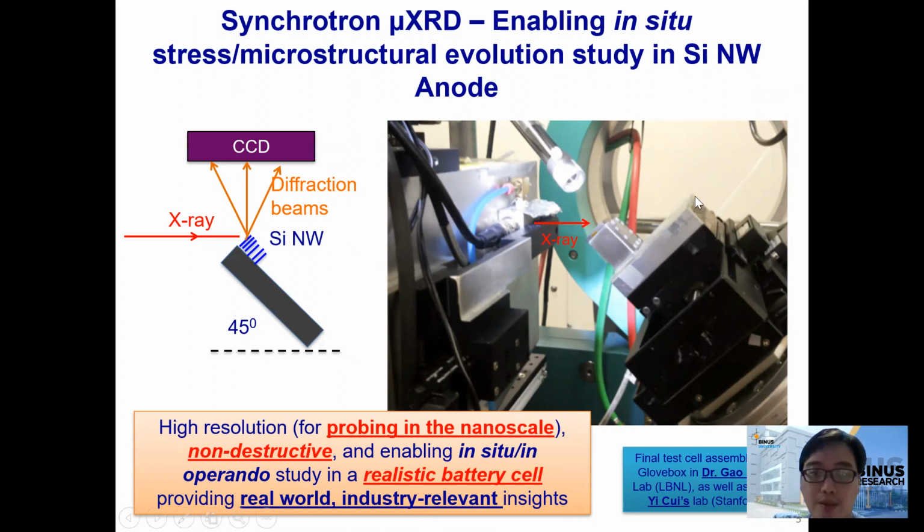This is the setup that enables us to measure the stress during the charging and discharging of the battery. We use a window that is transparent to the X-ray, so we can directly measure the stress within the battery during charging and discharging. This is the in situ characterization.